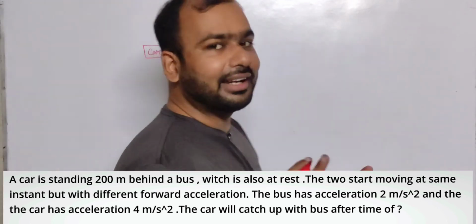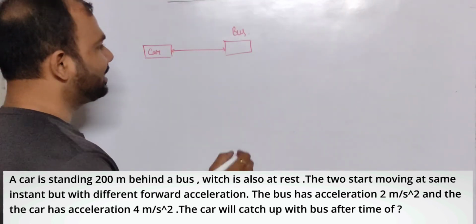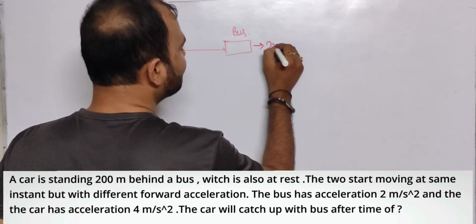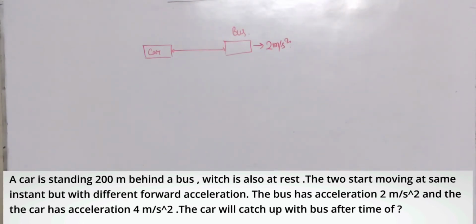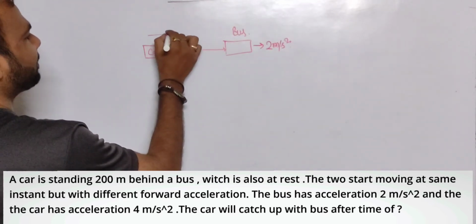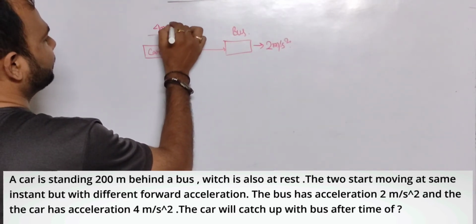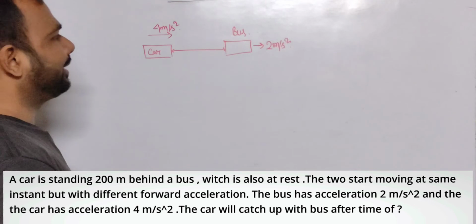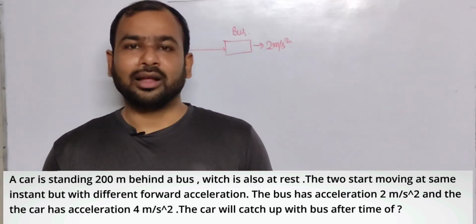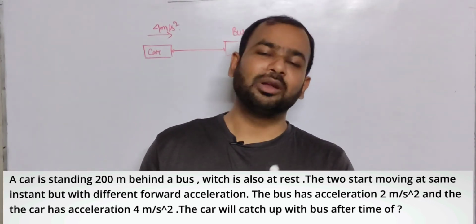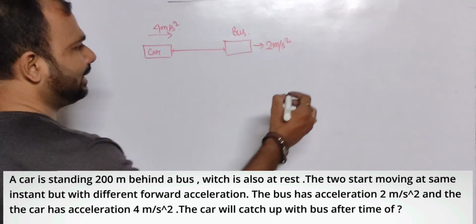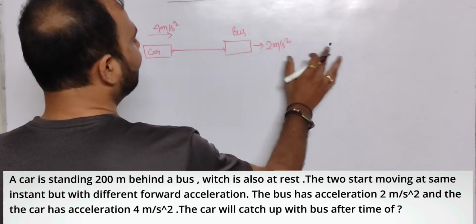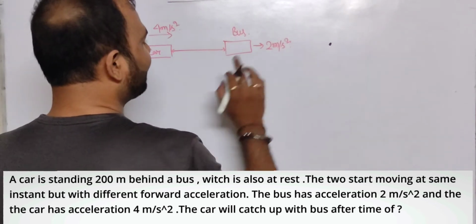They have different accelerations. The bus is moving with 2 meters per second square, and the car is moving with 4 meters per second square. Okay, fine. Now the question is, when will the car overtake the bus? Let us consider that here the car will overtake.